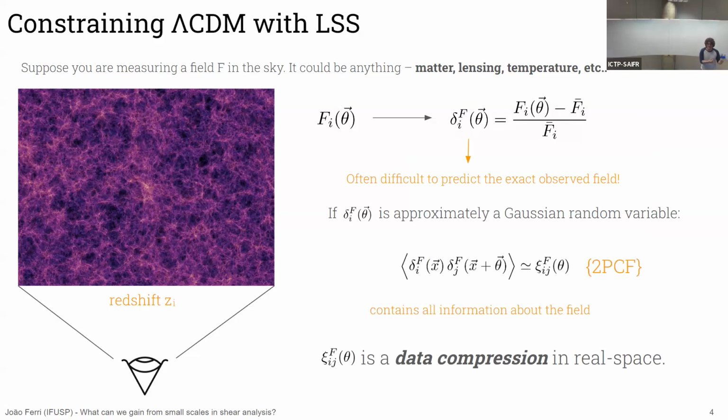The most fundamental way is taking the 2-point statistics. And if you consider that your field is approximately a Gaussian variable, then the 2-point correlation function is the object that contains all the information about your field. So this is what we call data compression, because not always our field is Gaussian, but it is true that it contains most part of the information about the field.